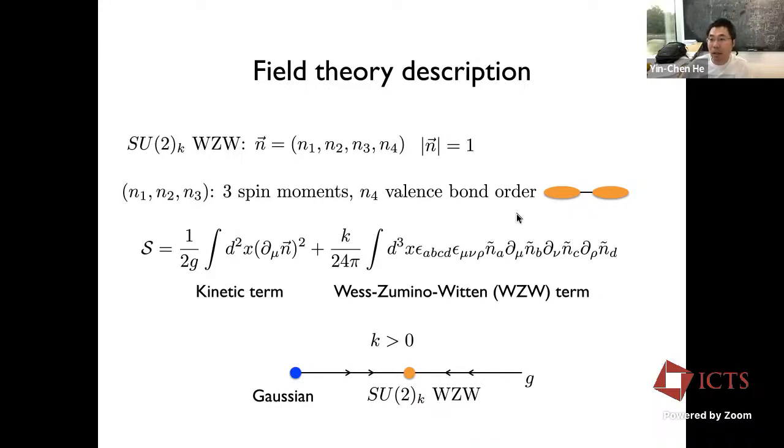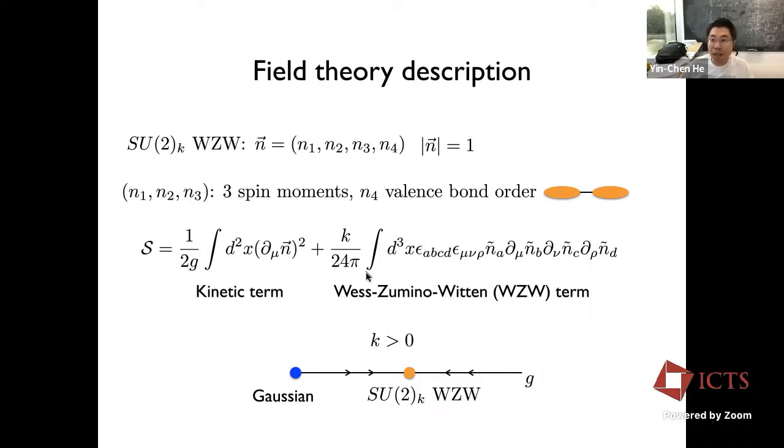And the last component is the valence bond solid order. Usually we just call this N field the order parameter field in the nonlinear sigma model. The first term is the kinetic term, and the second term is a topological term called the Wess-Zumino-Witten term. As you know, this model is defined in 1+1 dimensions, but the Wess-Zumino-Witten term is indeed defined in one dimension higher. The boundary of this 3-dimensional manifold is our 1+1D system.